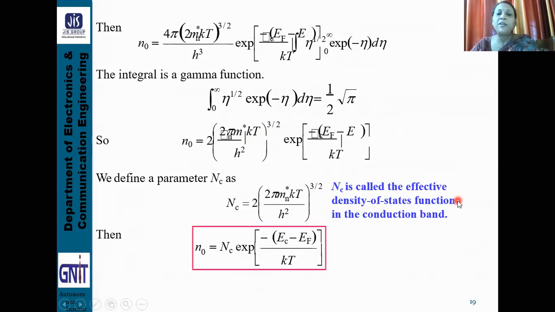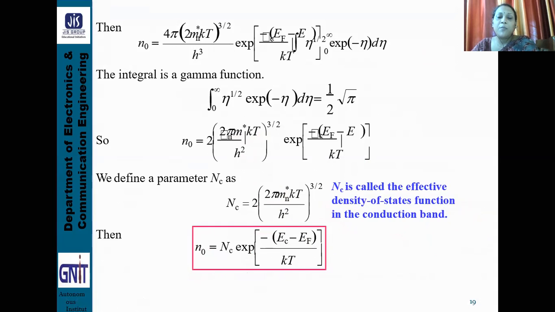NC is called the effective density of states function in the conduction band. So this is the final formula: n0 equals NC e^(−(EC−EF)/kT). This is a very important formula.